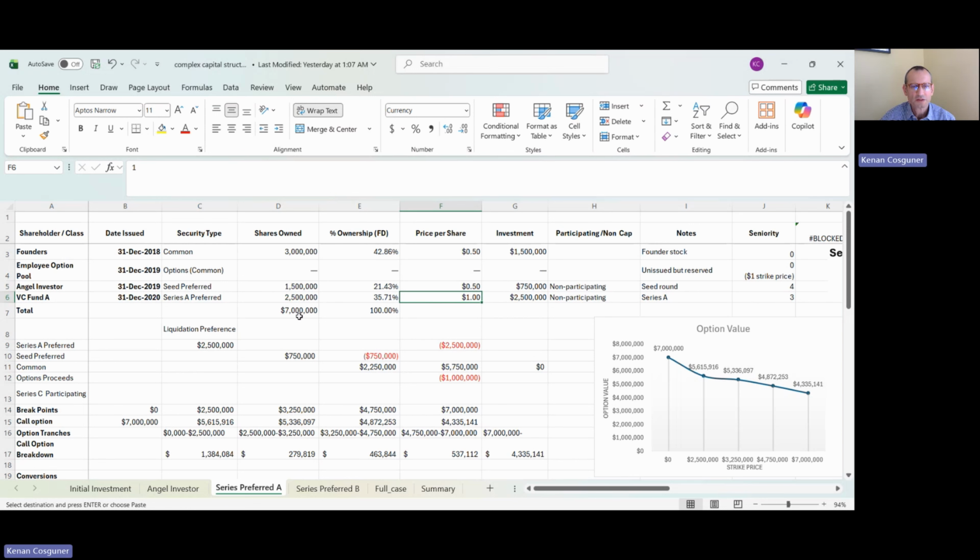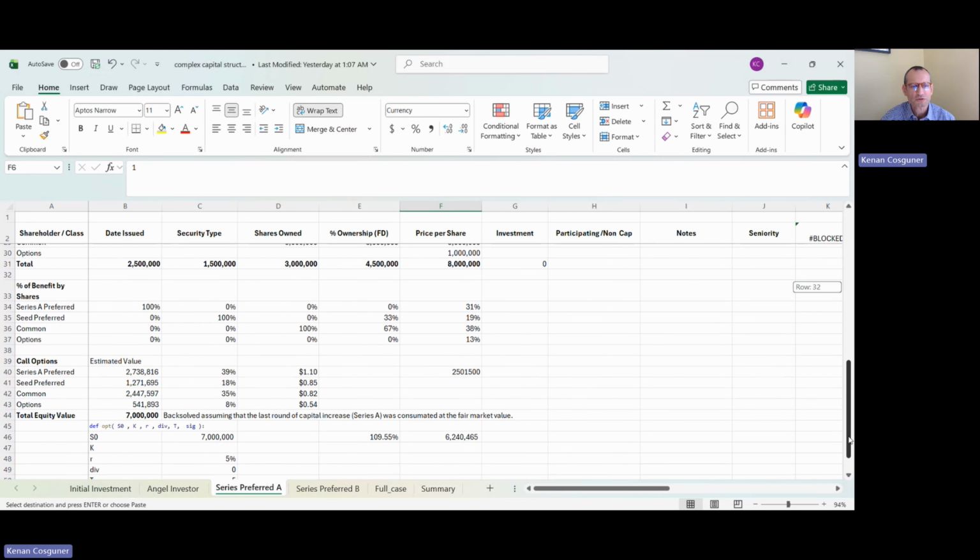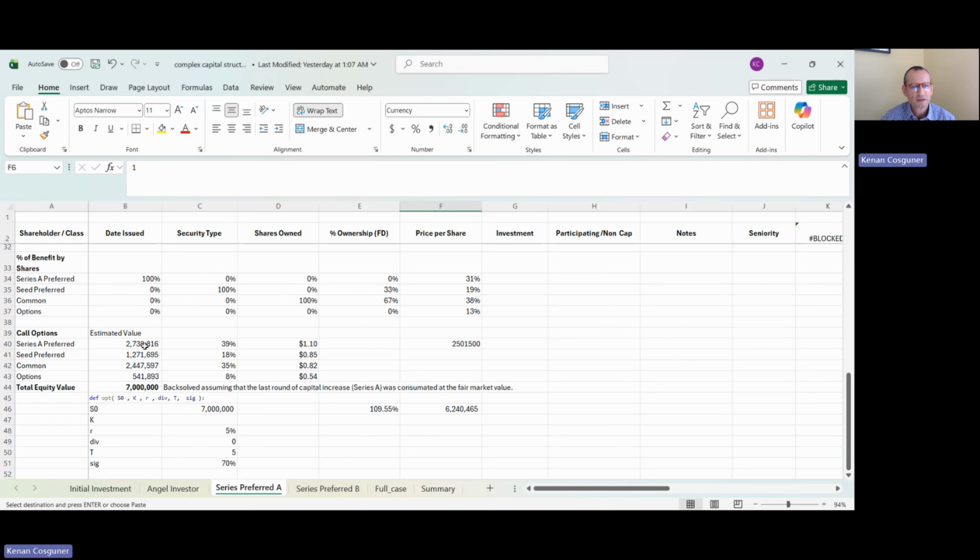Here, we assume the total equity value to be 7 million. Based on the share of each equity instrument, we calculate the value of Series A preferred shares to be 2.7 million, which is higher than the transaction amount, which was 2.5 million.